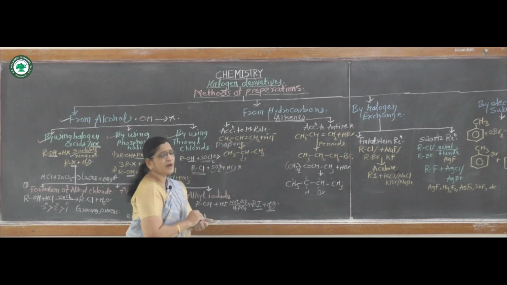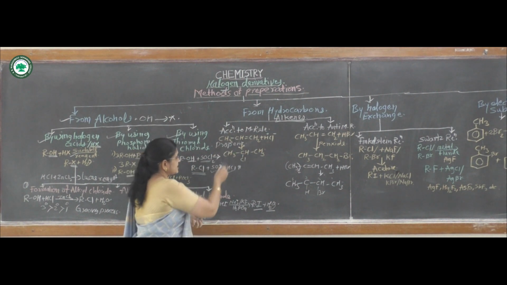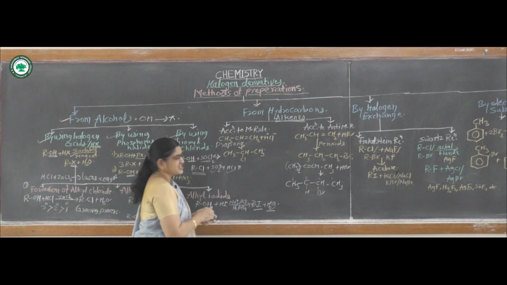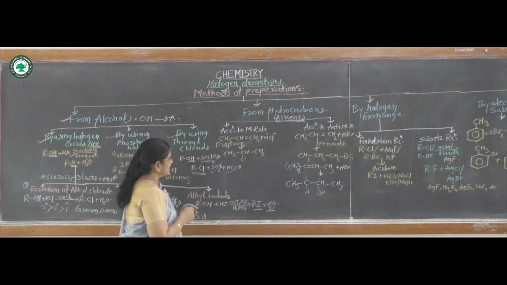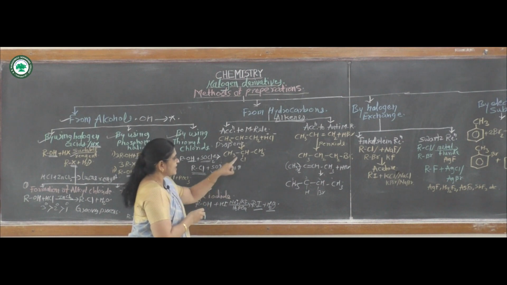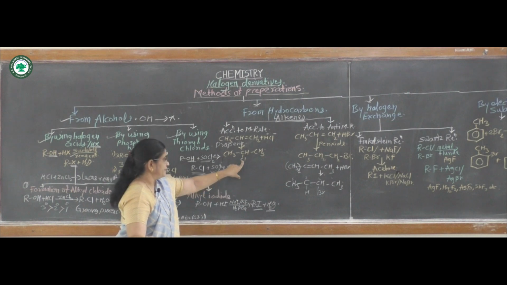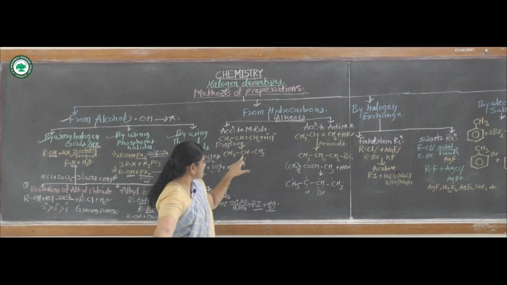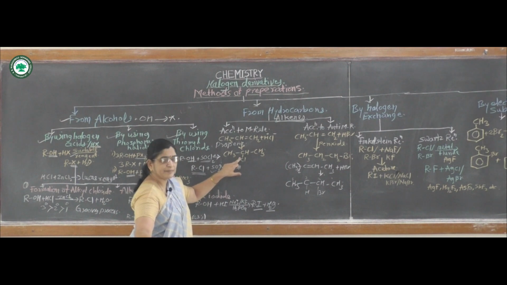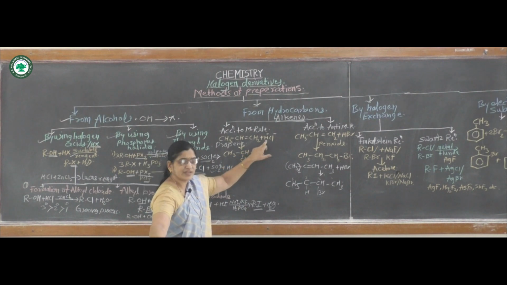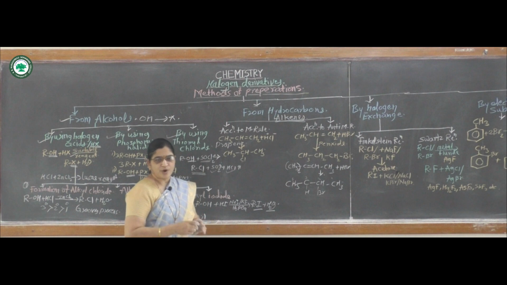Then according to Markovnikov's rule, in such type of addition, the negative part of the reagent gets attached to that carbon atom which carries less number of hydrogen atoms, and hydrogen gets attached to that carbon atom which carries more number of hydrogen atoms.